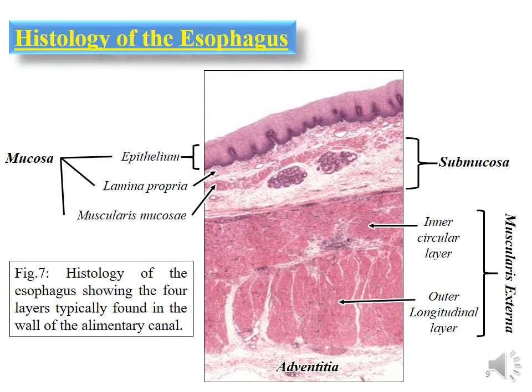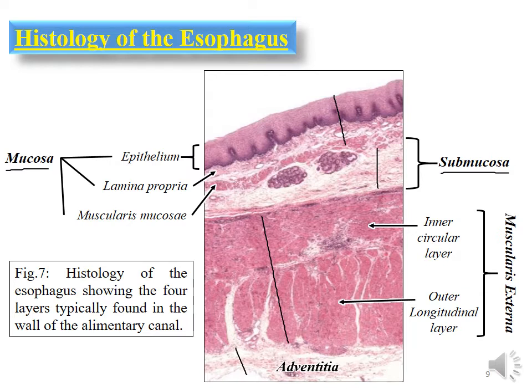Starting from the layer closest to the lumen, we have the mucosa, this part here, and then the submucosa, then the muscularis externa, and finally an outer layer of either an adventitia or serosa.